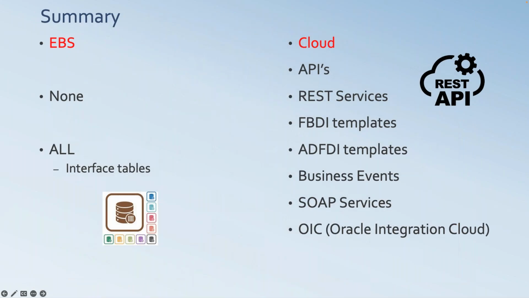So just a summary and a comparison. On EBS, depending on who you ask, you had no capability to actually integrate, or you had all, because you had interface tables, you had access to all the tables that you needed to, and you could do almost anything that you wanted. But was there a framework that you could use?